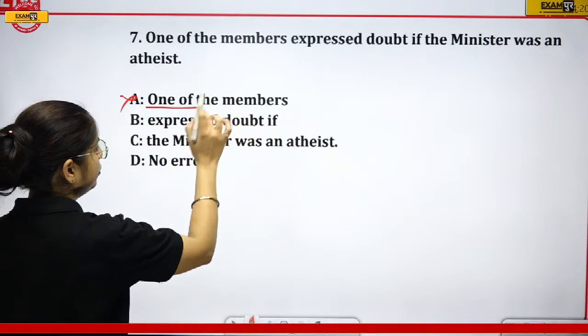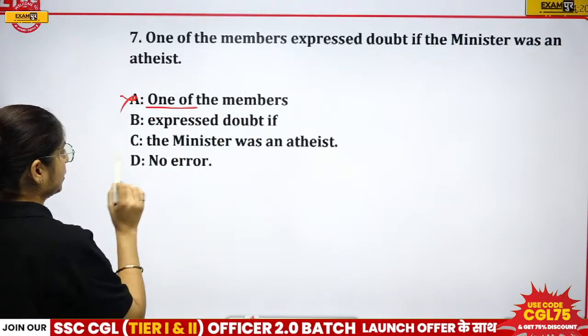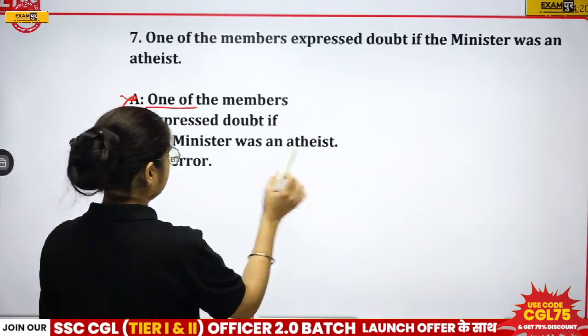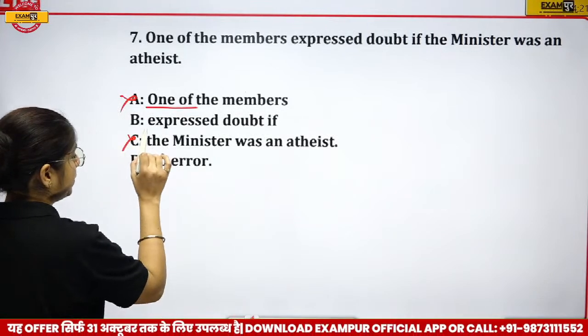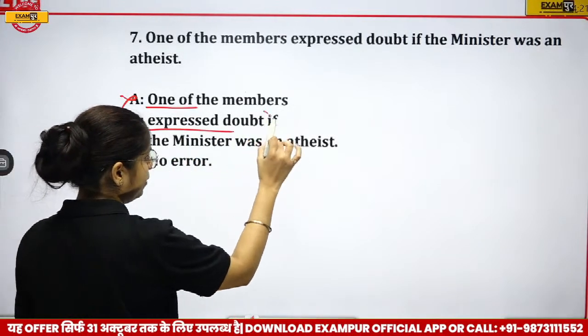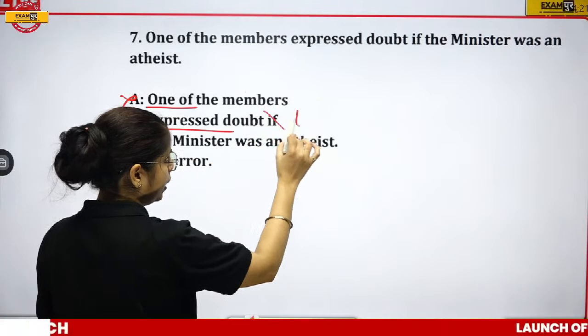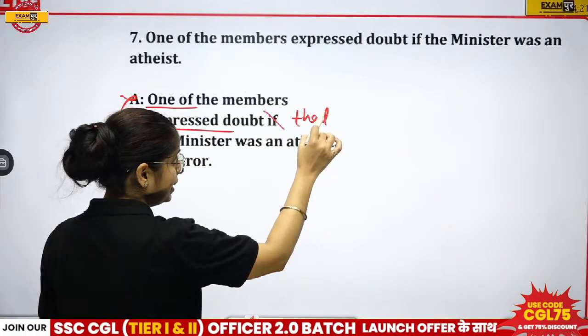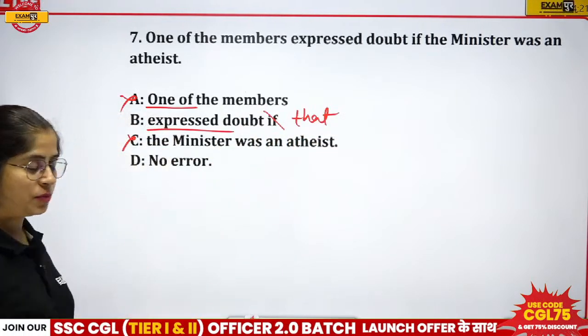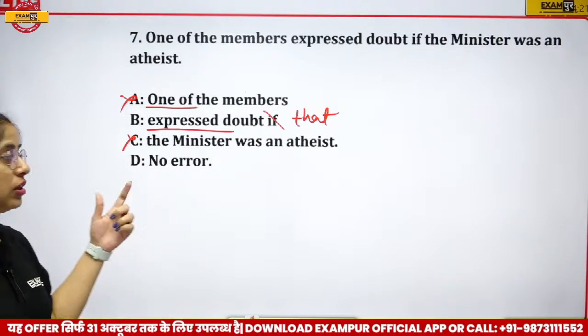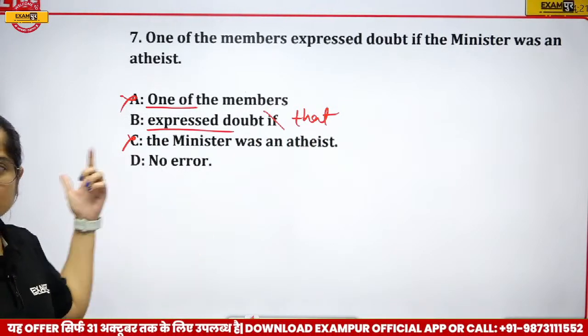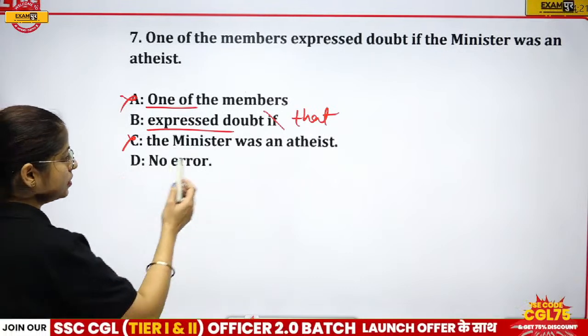One of the and a plural noun, that is correct, no error. "The minister was an atheist", this is also correct, no error. "Expressed doubt": with doubt, we don't prefer using "if". Expressed doubt that. What was the doubt? The doubt was that the minister was an atheist. He doubted the minister's being an atheist.